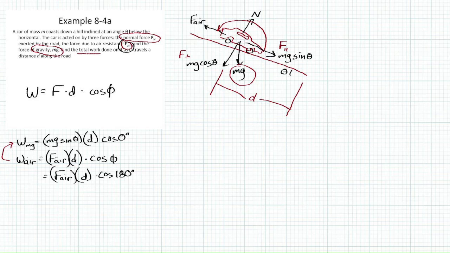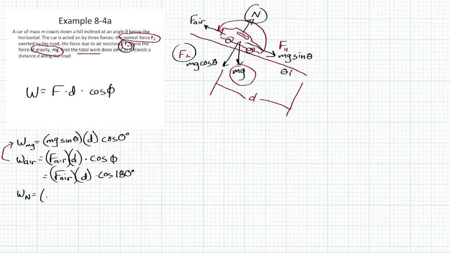And now let's write the work done by the normal force. There we go. Work done by the normal force right here. Normal force in this case is the same thing as the perpendicular force right here. Remember, these are both the same thing, just in opposite directions.